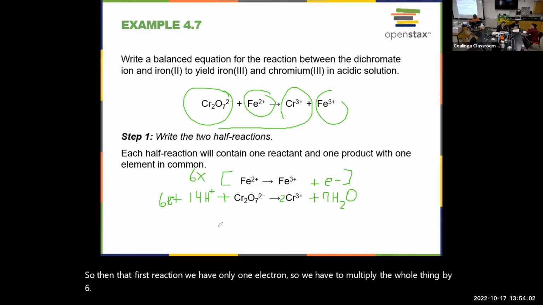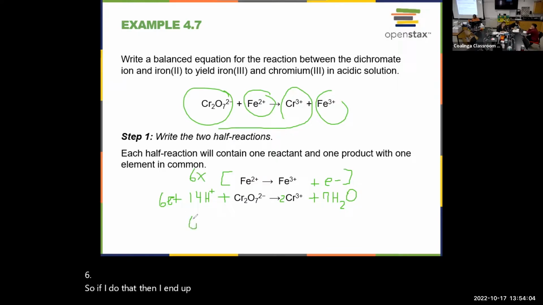Okay, so if I do that, then I end up with 6 Fe2 plus, and I have 6 Fe3 plus, 6 electrons.